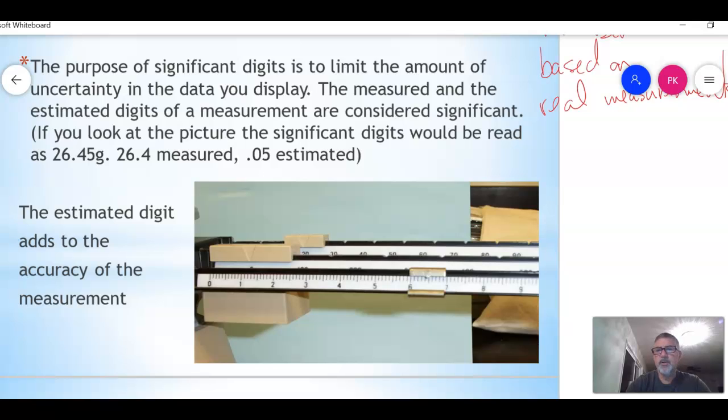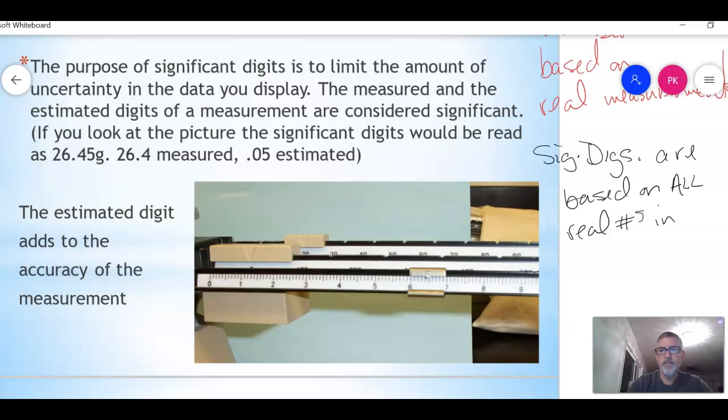So significant digits are all real measurements, right? Plus one estimated digit. So if I looked at this triple beam balance here, right?